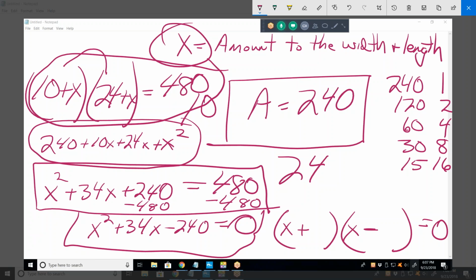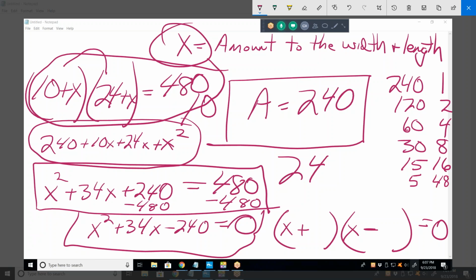But what if I take the 15 and cut it in thirds? What do I get? 5, and then what do I got to do to 16? Now I cut it in thirds, so I got to triple it.